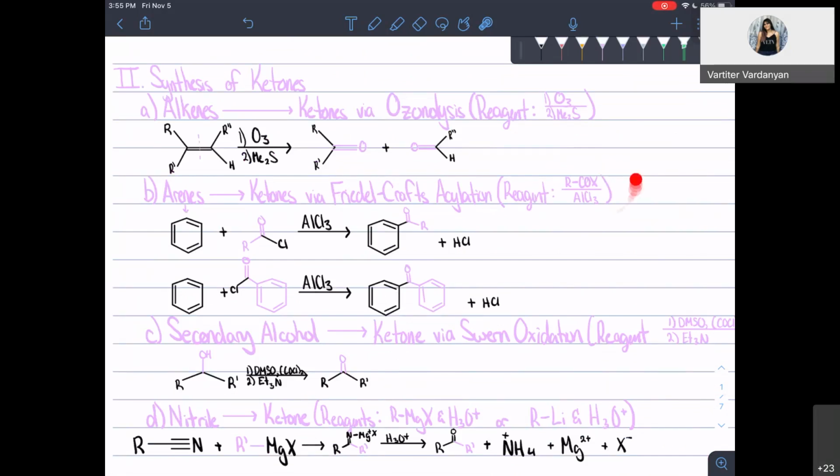So of course our reagent, if you guys remember from chapter 15, is this RCOX over AlCl3. So here is that reagent right here. This is our acyl group. So we're just going to pop that guy onto this benzene and we end up with this. Note how this is a ketone. This is a more specific example where we actually had an R group and that's what you form.